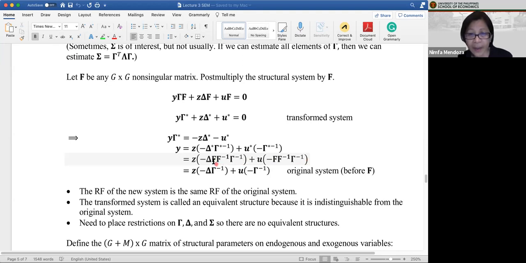So this F times F inverse gives you the identity matrix. So you're left with Z is equal to minus delta F inverse plus U minus gamma inverse. But this is the original system before we post-multiplied by F.